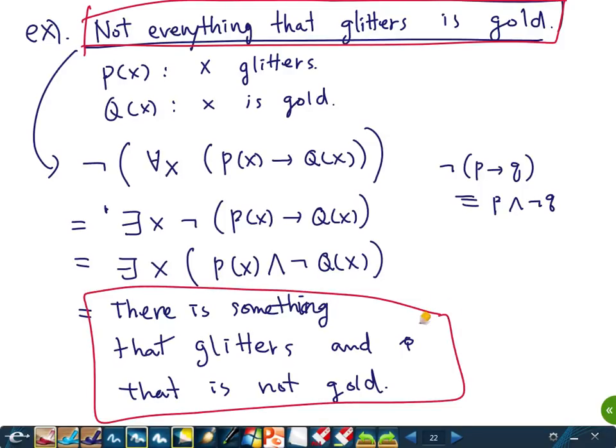Do you agree? Not everything that glitters is gold. That means there is something that glitters but is not gold. They logically mean the same thing. You can check this using the theorem that we learned. So if you learn this kind of logic, or the properties of logic, you can be a more logical person if you want to be.